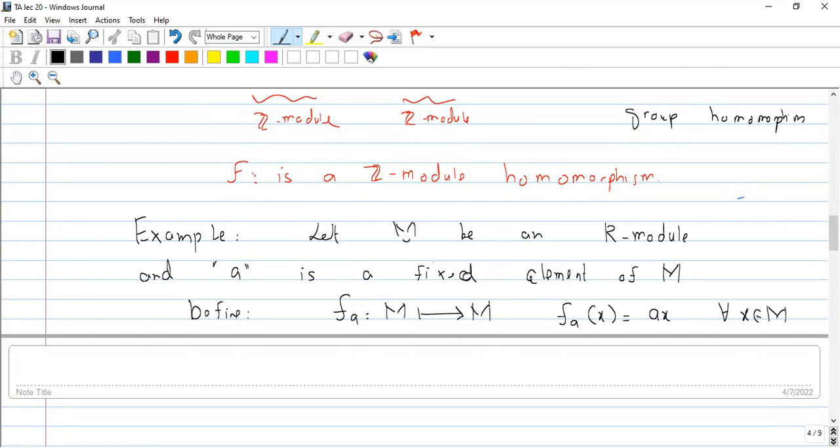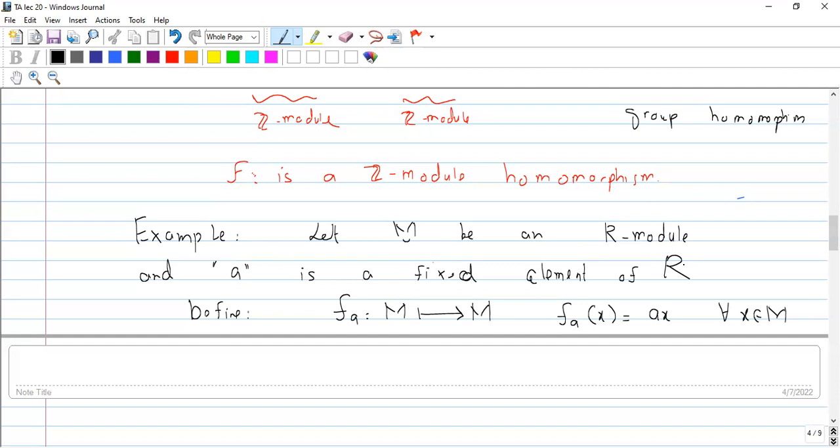So now first we defined a map from M to M in this way that, and actually this map is defined with the help of an element A of M, that if input x is an element of M, sorry, A is a fixed element of R. It should be a fixed element of R. So for a fixed element A of R, we define a map in this way that if input is x, then output is equal to Ax.